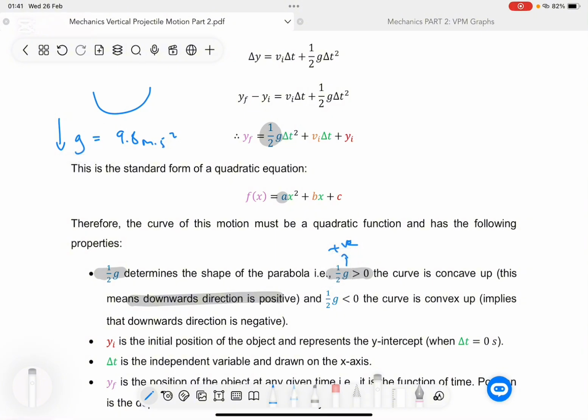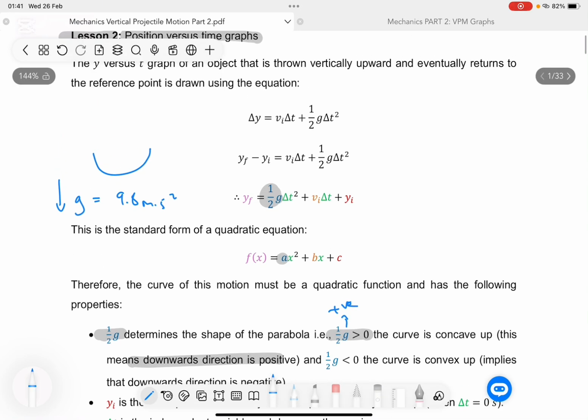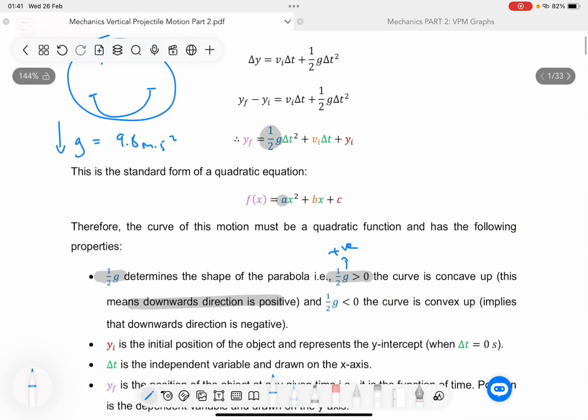And our graph then becomes concave up. It becomes a happy graph, as we used to say in mathematics. So that means downwards is positive, because the acceleration due to gravity is going downwards.